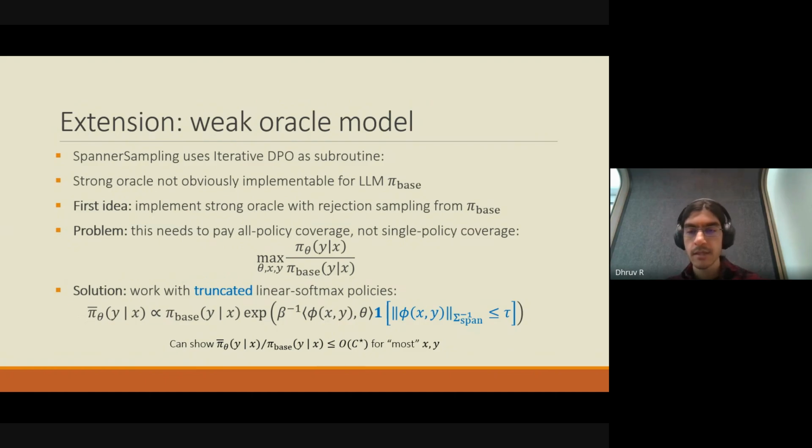And so with this truncation, you can essentially implement the strong oracle with approximate rejection sampling. And so this shows that you can actually implement our algorithm in the much more reasonable weak oracle model.